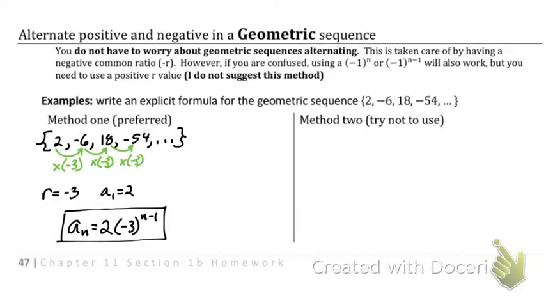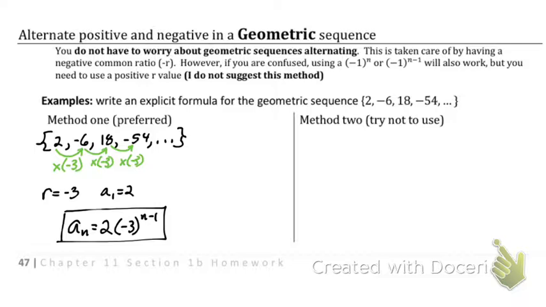Method 2. Method 2, don't use method 2. That is the best and easiest way to put it. The only reason why I'm showing you method 2 is because sometimes people get stuck in their head that if it alternates between negative and positive, I have to use that -1 to some power. So this is for you, for if you're not sure when to use that -1 and you accidentally try to apply it here.